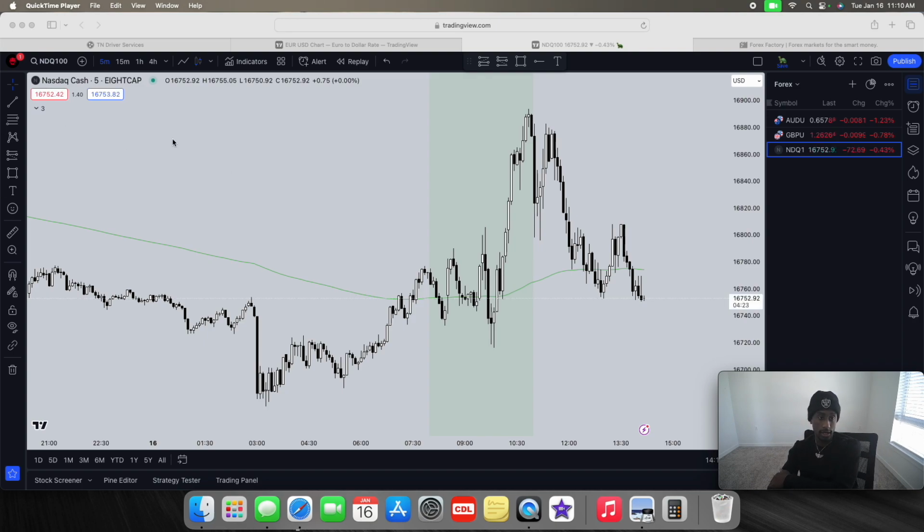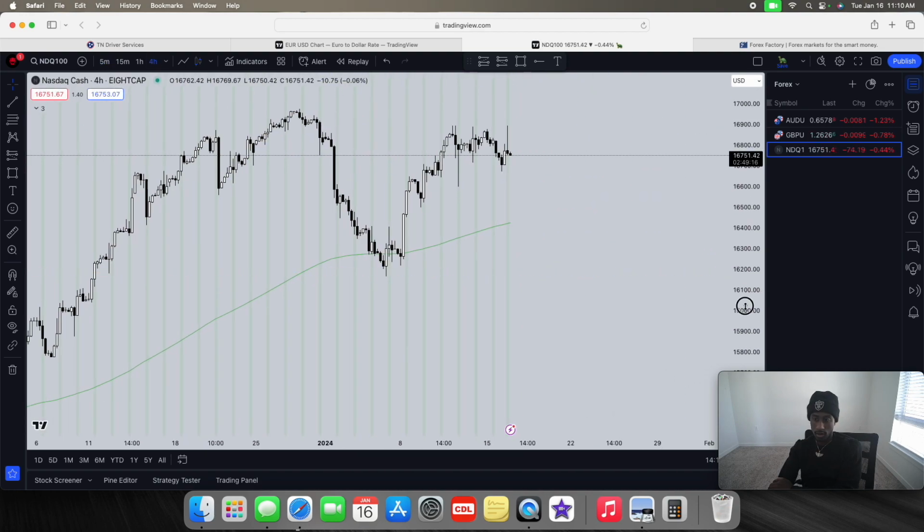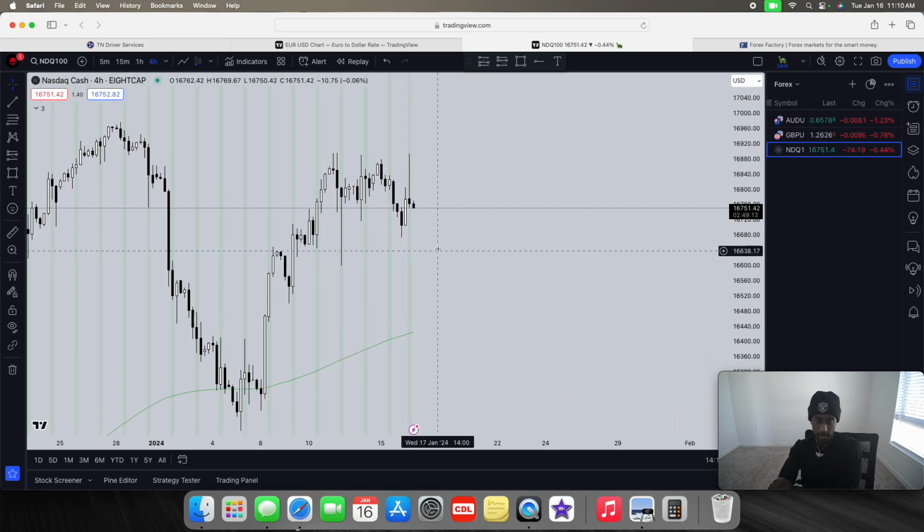Now, what I saw today. All right, let's do a top-down analysis real quick. Over the night, NAS was breaking structure to the downside, broke this low, broke this low.